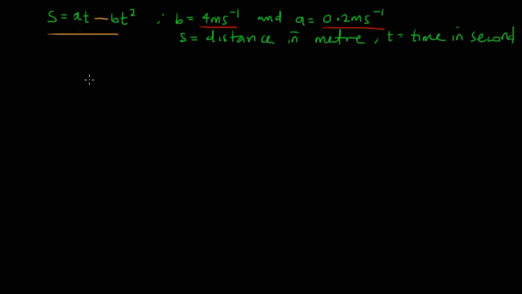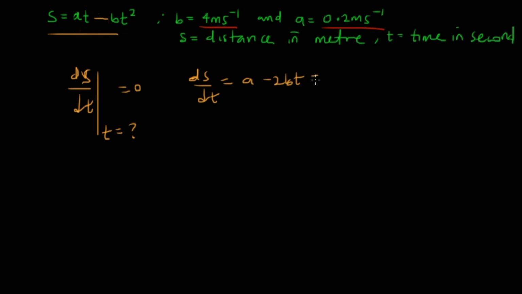So the instantaneous velocity, which is ds/dt, we want to find the time at which this will be equal to 0. Given s as this, then ds/dt will be equal to a minus 2bt equal to 0.